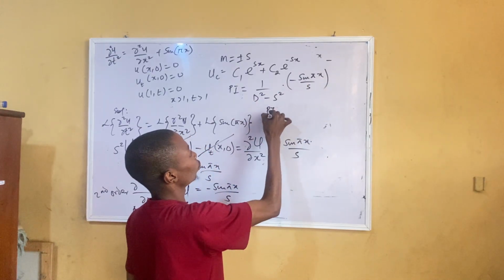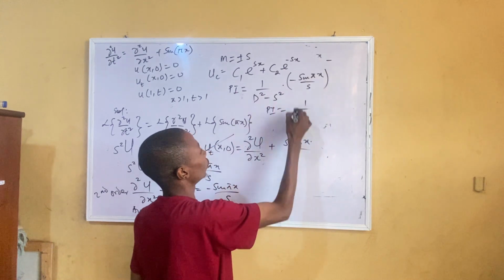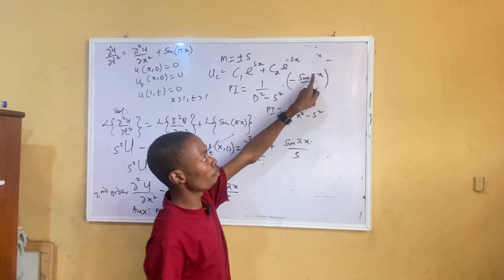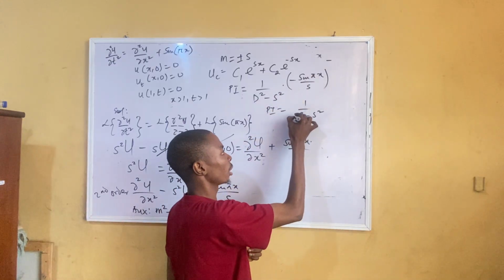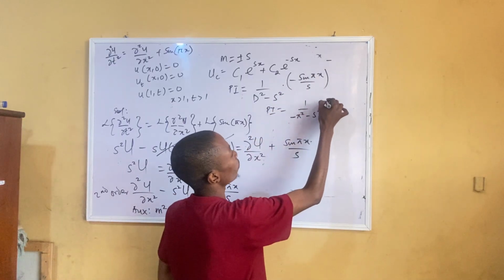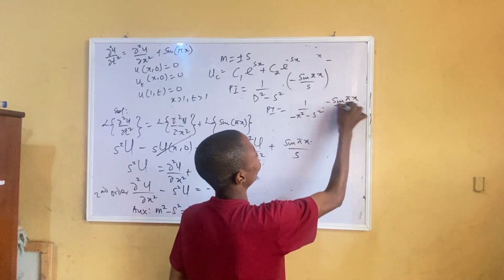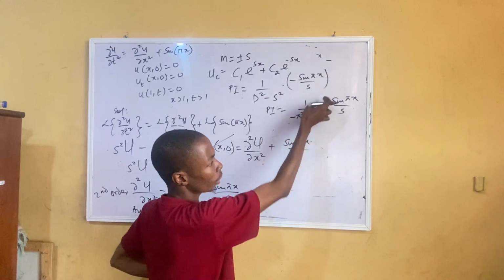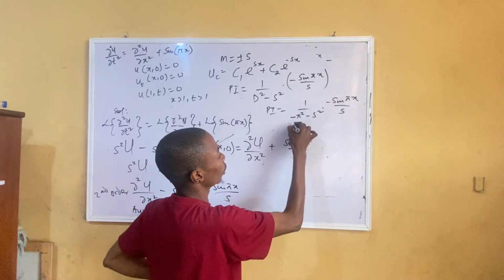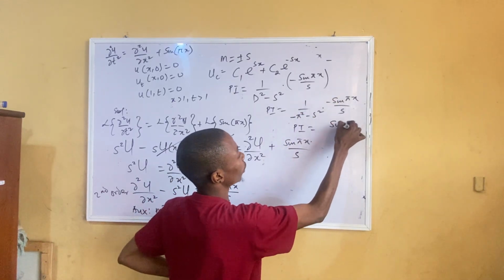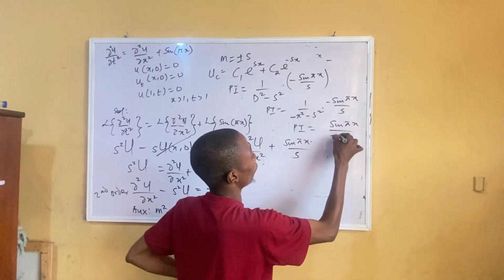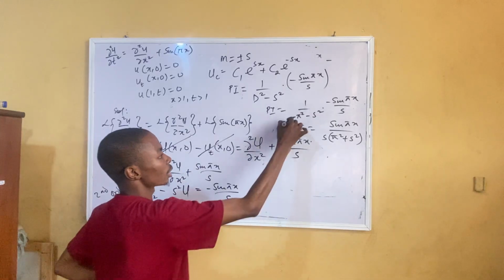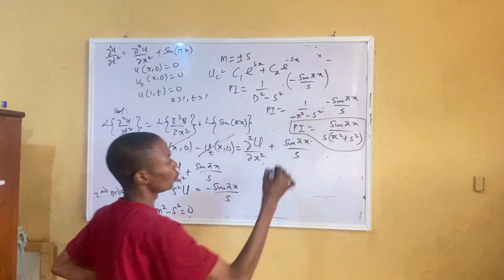So the particular solution will be 1 over pi squared minus s squared, but don't forget that D squared of sine or cosine gives a minus, so the value will have minus of minus sine pi x all over s. Factorizing the minus and this minus, your particular solution will be sine pi x over s times pi squared plus s squared. Do you get it? So this is how our particular solution looks.